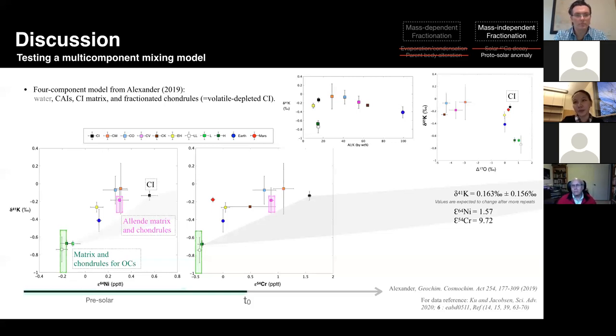So I can't guarantee that we will measure more and have a conclusion in the near future, but right now I think different types of CAI wouldn't change our conclusion that the mixing model doesn't explain the potassium data. I hope that answers the question. It does, thanks.